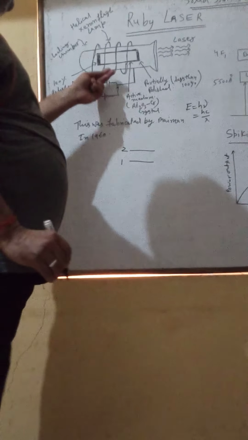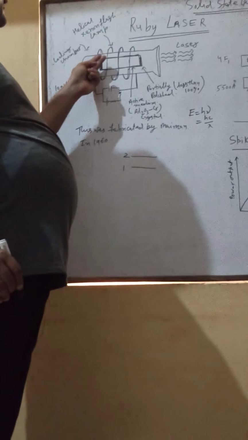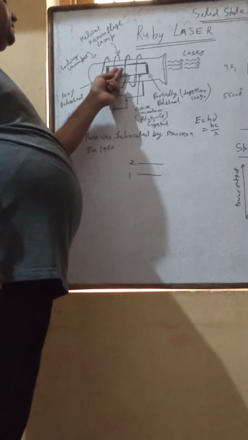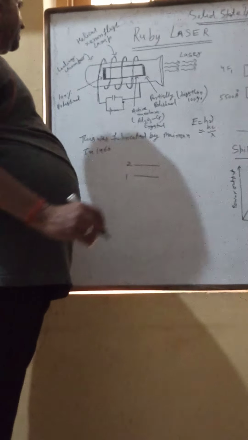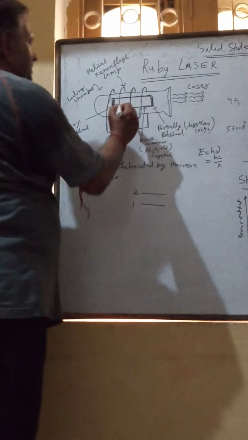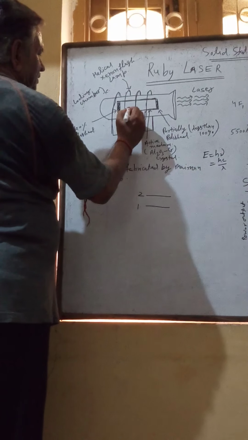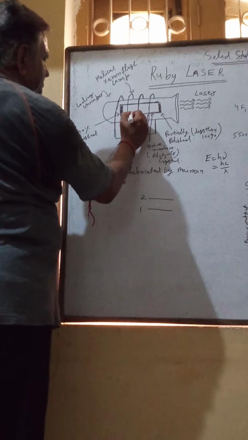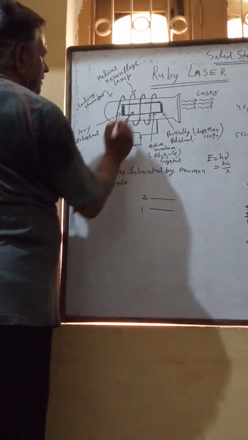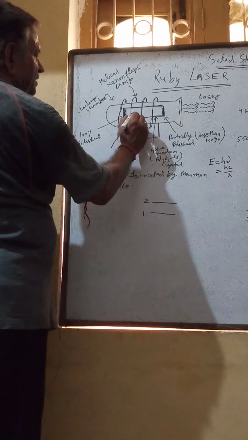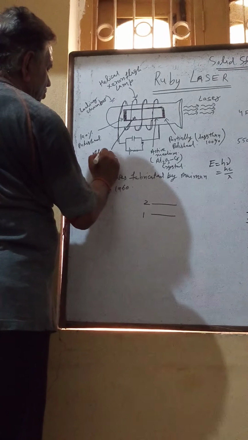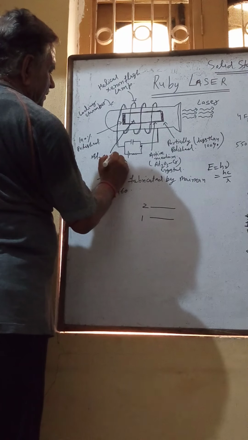And after this, there are some chromium atoms which replace the aluminum atoms; the crystal is Al2O3.